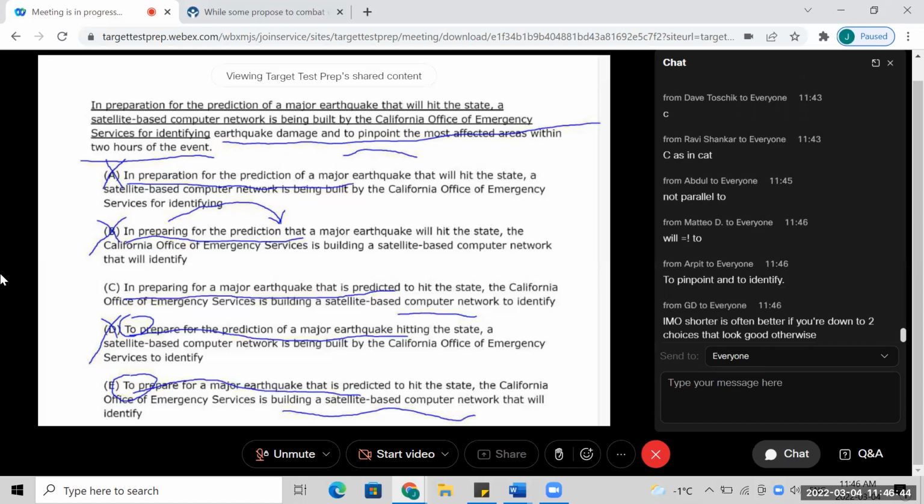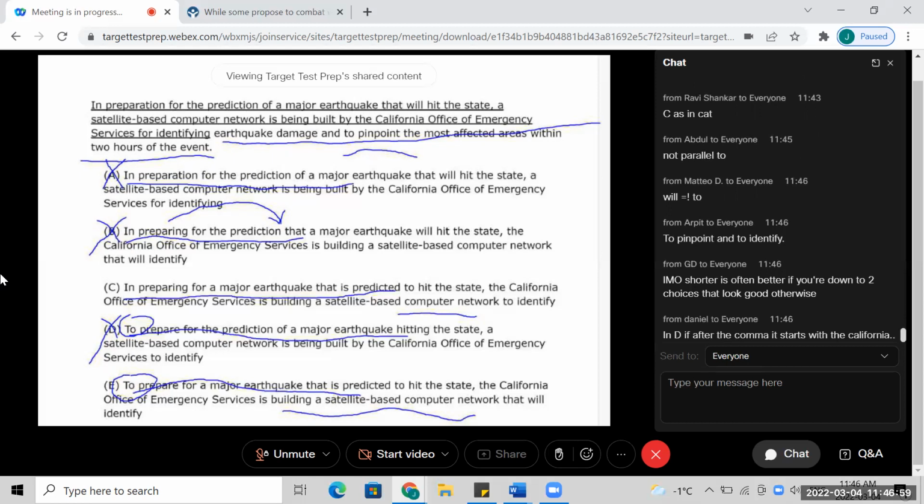A satellite-based computer network to pinpoint sounds good, but is it a satellite-based computer network that will identify, wait, and to pinpoint? No. So we can't do the carryover. A satellite-based computer network that will identify is perfect. A satellite-based computer network that will to pinpoint does not work.